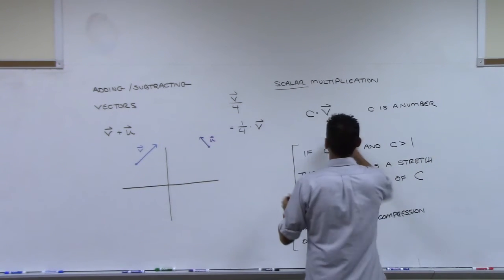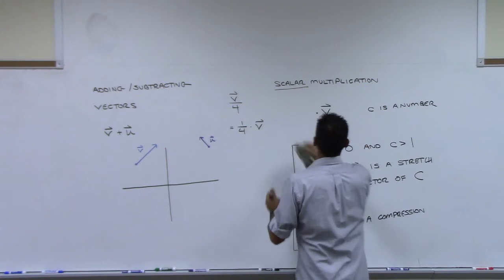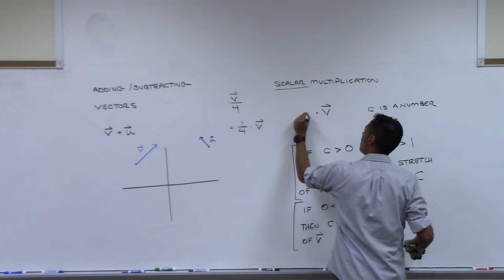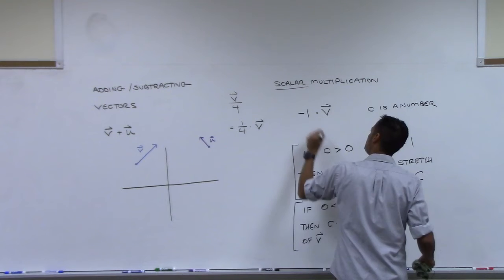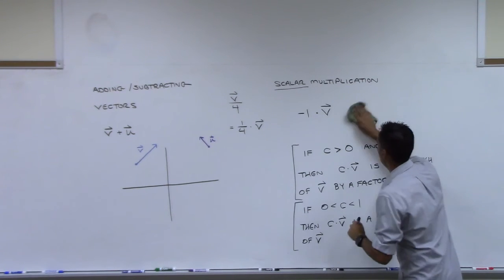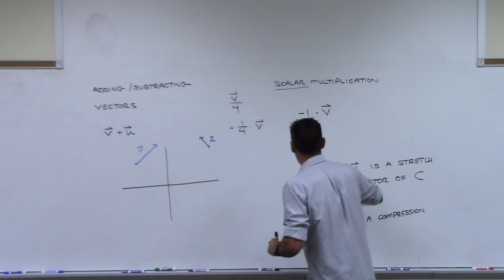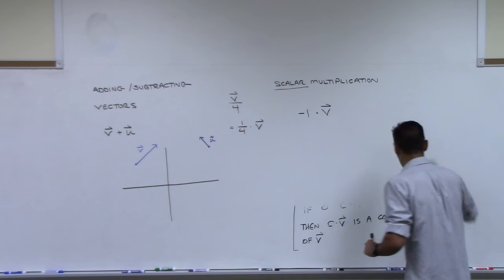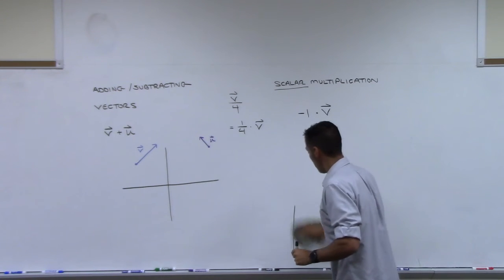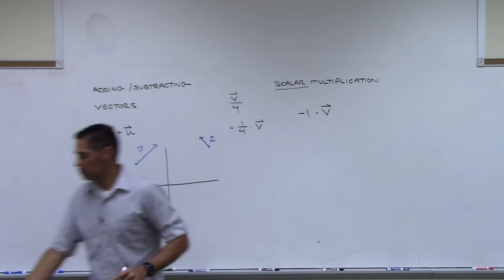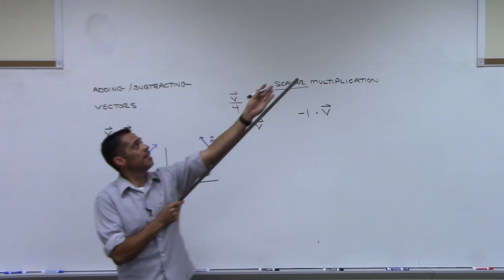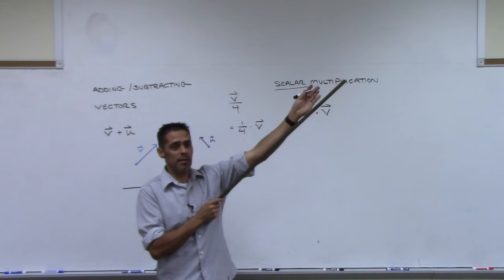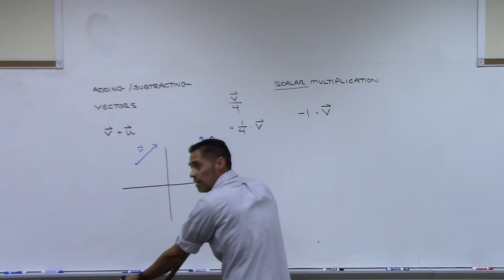Scalar multiplication still, what happens if I multiply this by -1? What is -1 times a vector? What do you think it does? Turns it over the other way? Like if it was pointing like this and you multiply it by -1, it's now going to point in the opposite direction.